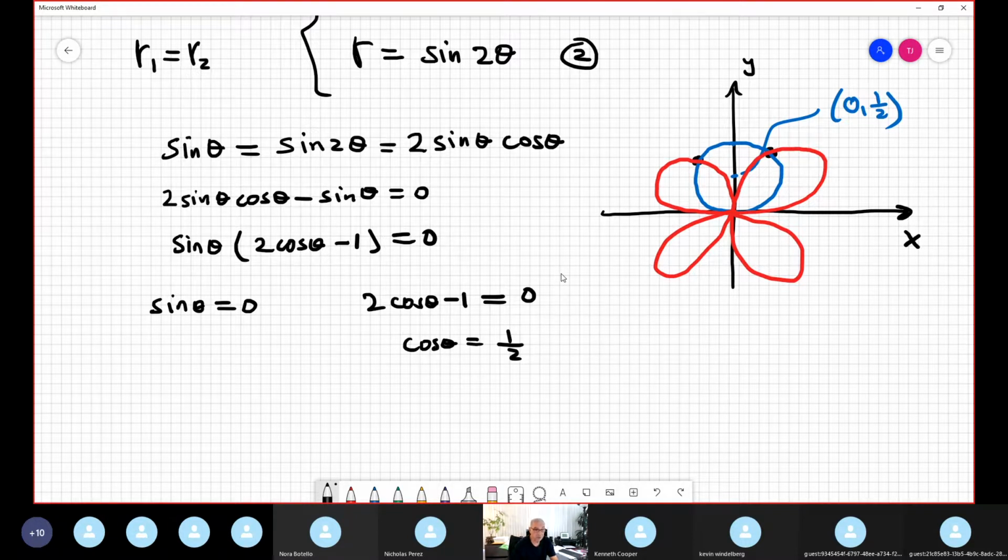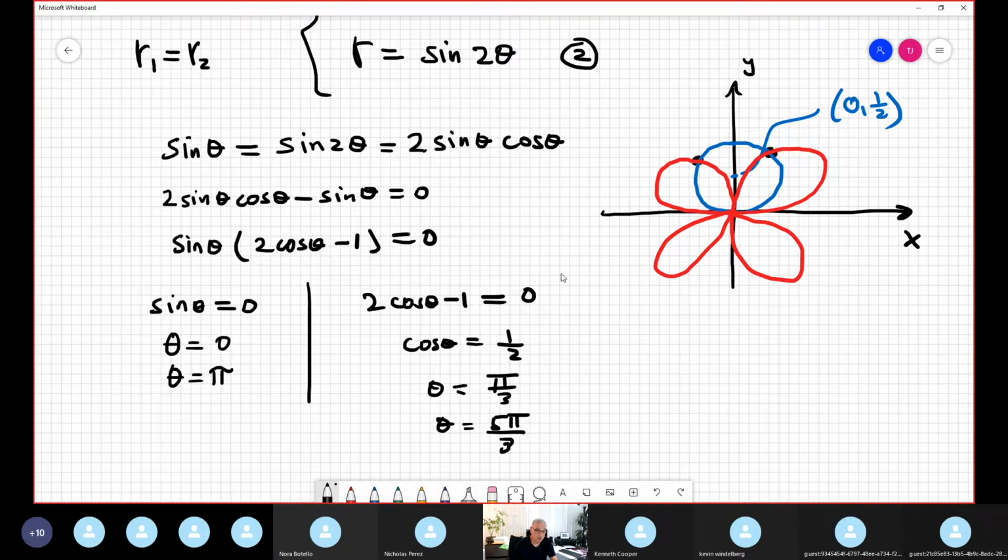Okay, now the angle to satisfy this first part is theta equal 0 degree or radian, and theta equal pi radian or 180 degree. The theta to satisfy that part is pi over 3 in the first quadrant, and in the fourth quadrant, 5 pi over 3.